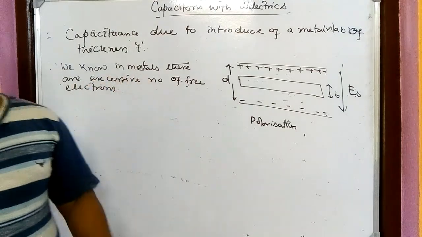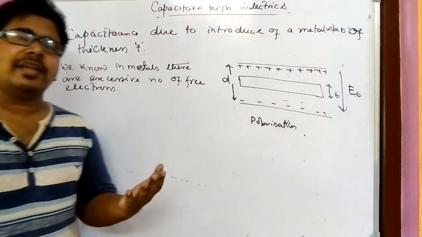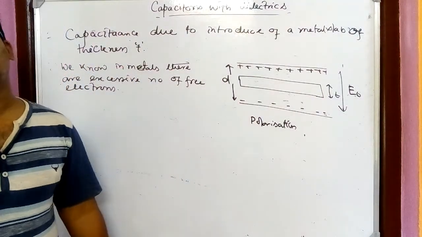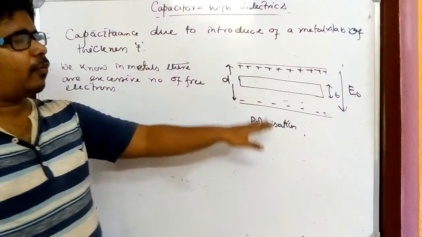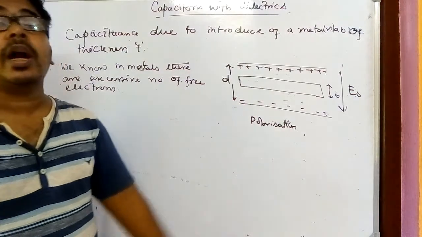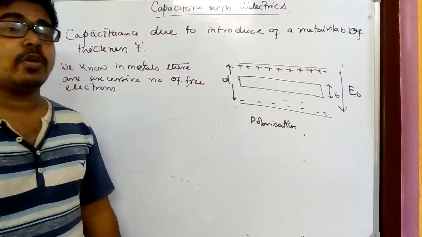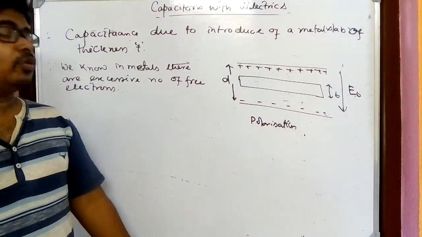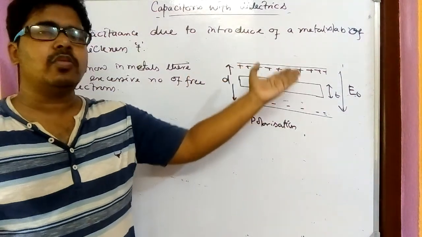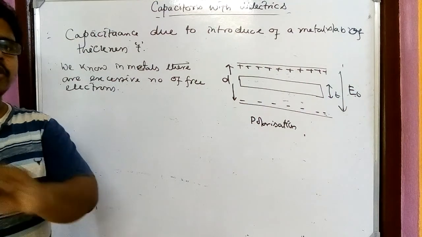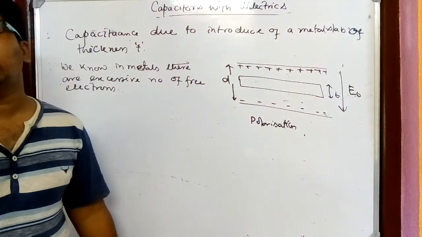But in the case of a metal, an enormous number of free electrons are there. So it is not possible for a metal slab to be polarized, because the charges, meaning the free electrons, will keep moving here and there.